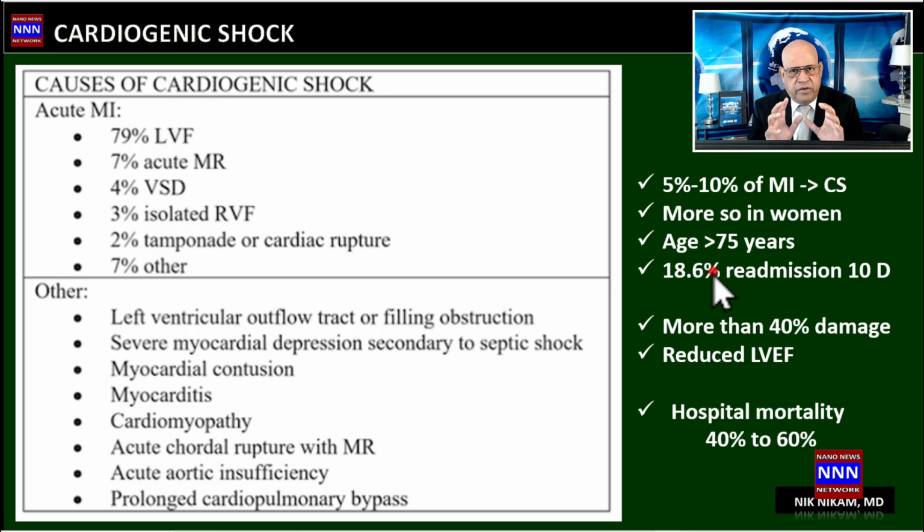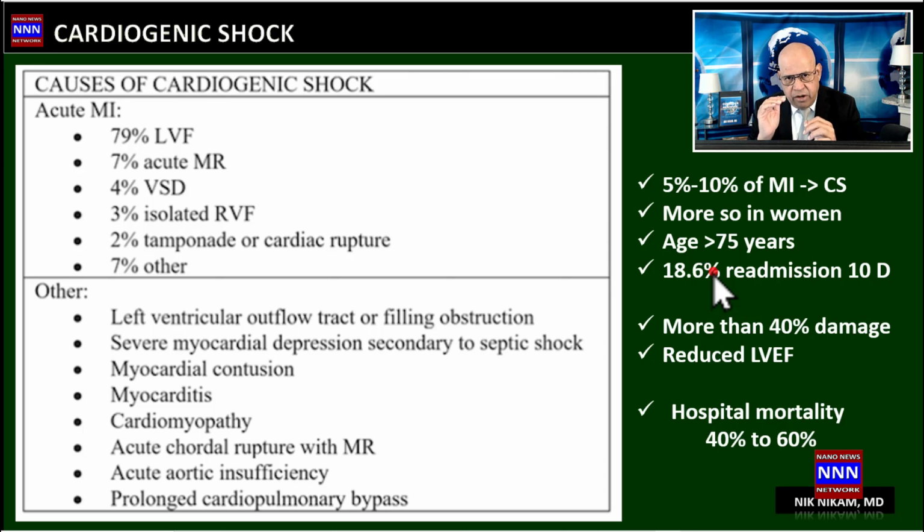In order for someone to have cardiogenic shock, there has to be at least 40% damage to the myocardial region. In what scenario can you expect 40% damage to the myocardium? If you have a left main occlusion, that can explain it. But in the majority of cases, it is the proximal left anterior descending artery that can knock off the interventricular septum.